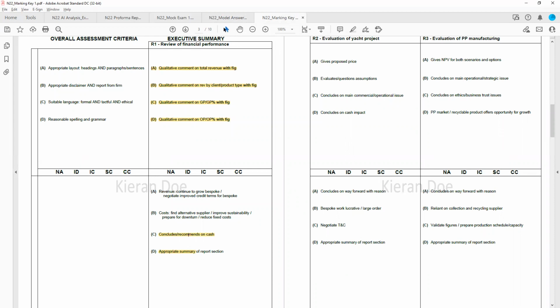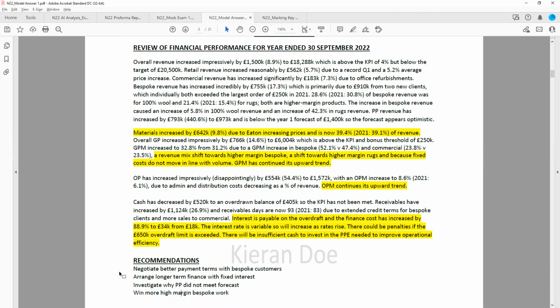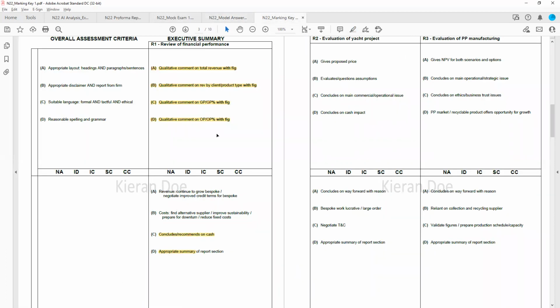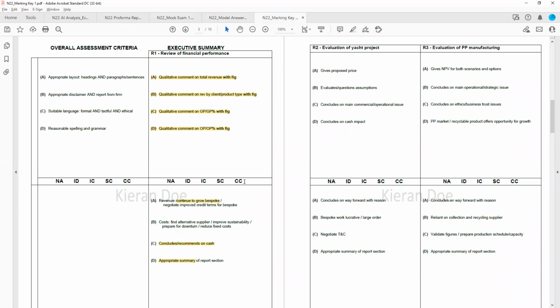But at other times, it has been picking out the most important additional points as well and giving some further analysis on those key movements. It could be that, but then we've got our recommendations as well. It can be quite difficult to get, but you can see that we have picked up one of those, and that's enough there to get us through. But I think you should be able to get all of these in the exec summary, and then be able to pick up a couple of passes in these 2 boxes.